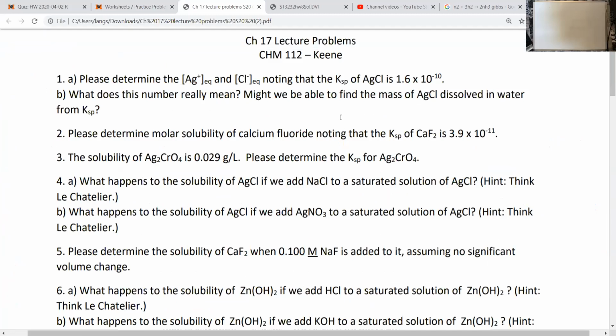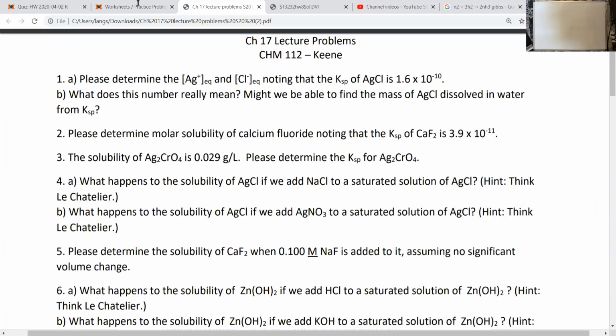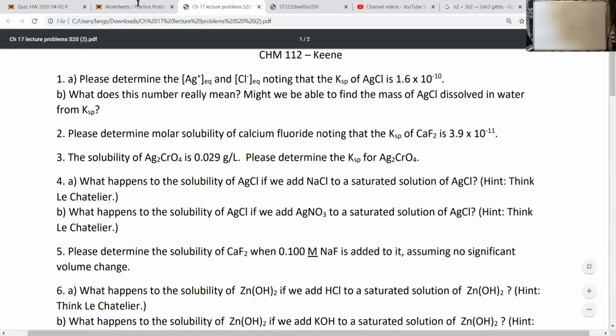Okay, so we're going to determine the molar solubility. I guess I should ask, is that okay? Number 2.